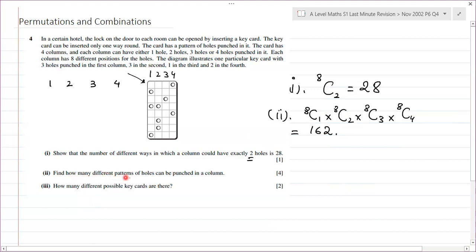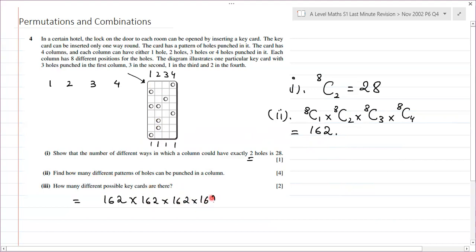So one column has 162 different patterns. So that's 162 multiplied by 162 in this, multiplied by 162 in this, and 162 in each column.